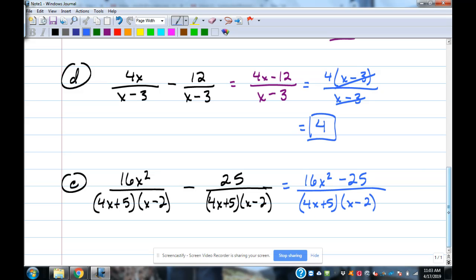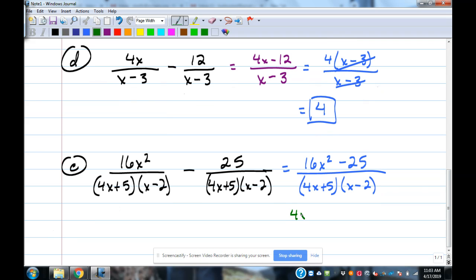And then I've got to look at it and say, okay, well, can I simplify this fraction at all? What do I know about 16x squared minus 25? It is a difference of squares that will factor as what? 4x minus 5 and 4x plus 5. It doesn't matter what order you put those in.